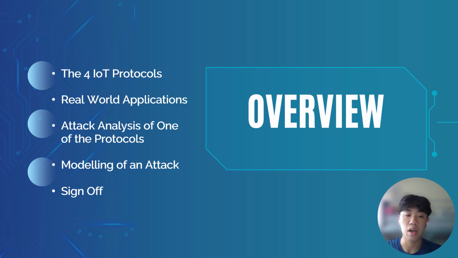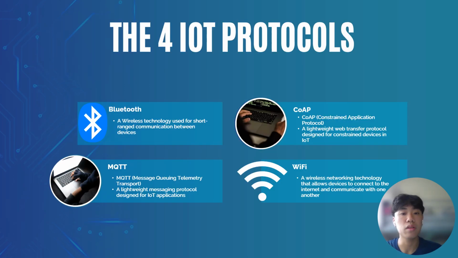Afterwards, I'll be talking about the modeling of an attack using hybrid techniques to understand IoT vulnerabilities. And finally, talking about the practical mitigation strategies to prevent these types of attacks. So the 4 IoT protocols that I have mentioned are Bluetooth, CoAP, MQTT, and Wi-Fi.